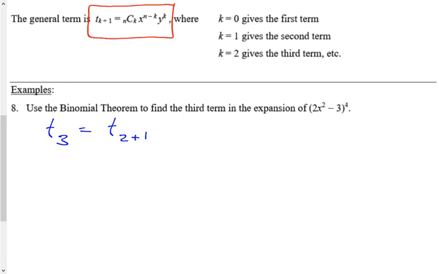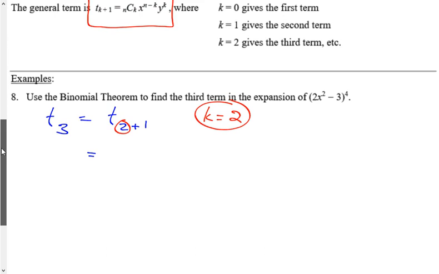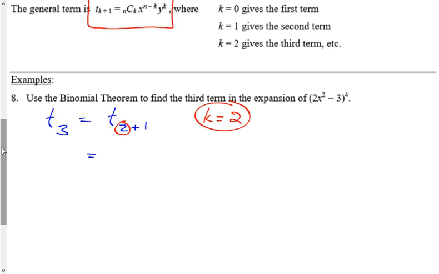Because that tells me that my k value must equal 2. Once I have my k value, then I can use this formula. As I look at my binomial, the exponent is 4, so that tells me my n value is equal to 4.